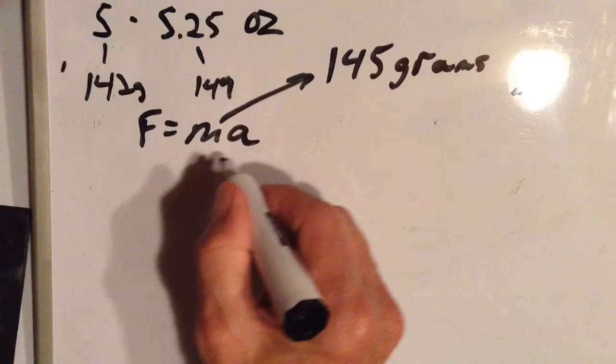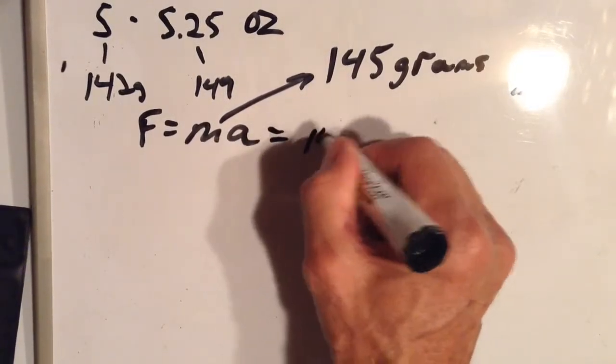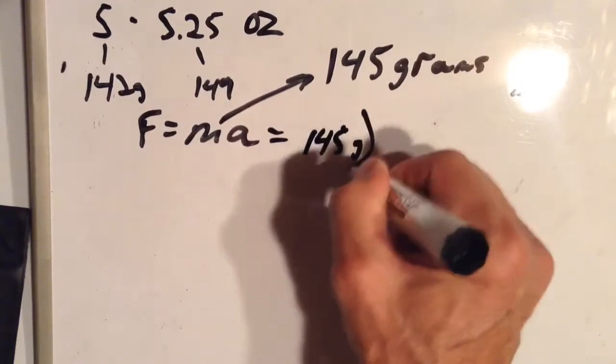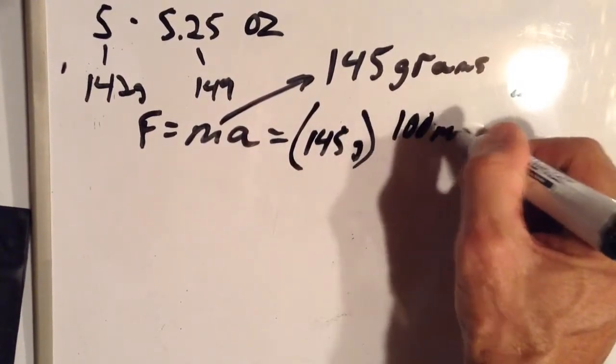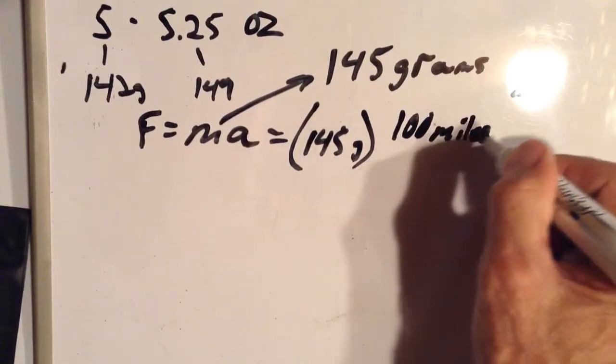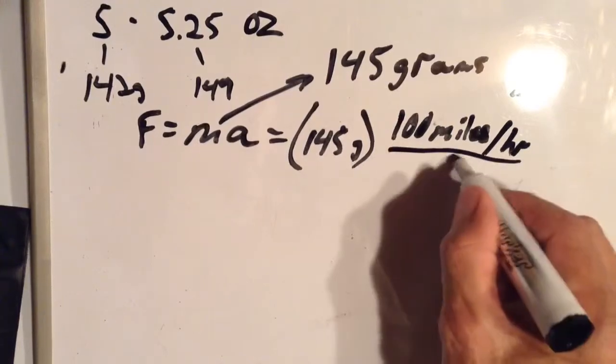So force equals MA equals 145 grams times 100 miles per hour per second.